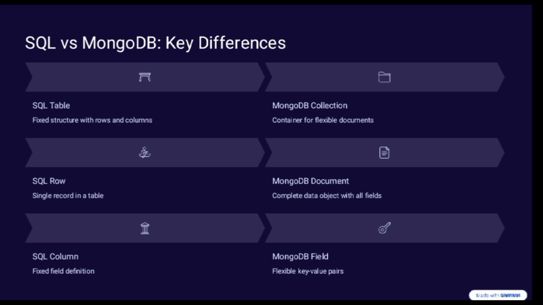It does not rely on table-based relationships like in SQL. One thing I want to say is, SQL is like a form where everyone must fill in the same fields. MongoDB is like a notebook where you keep different details for different persons.